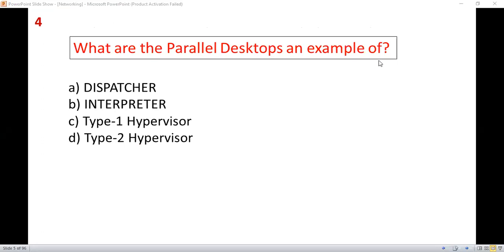The options you have are dispatcher, interpreter, type 1 hypervisor, and type 2 hypervisor. What will be the answer for this question? I want more answers from your side. Only 3 to 4 students are replying.